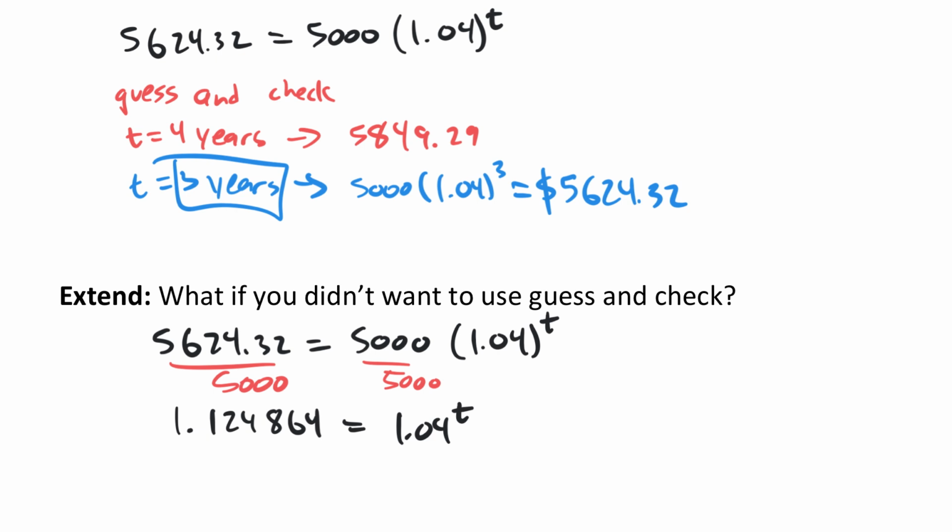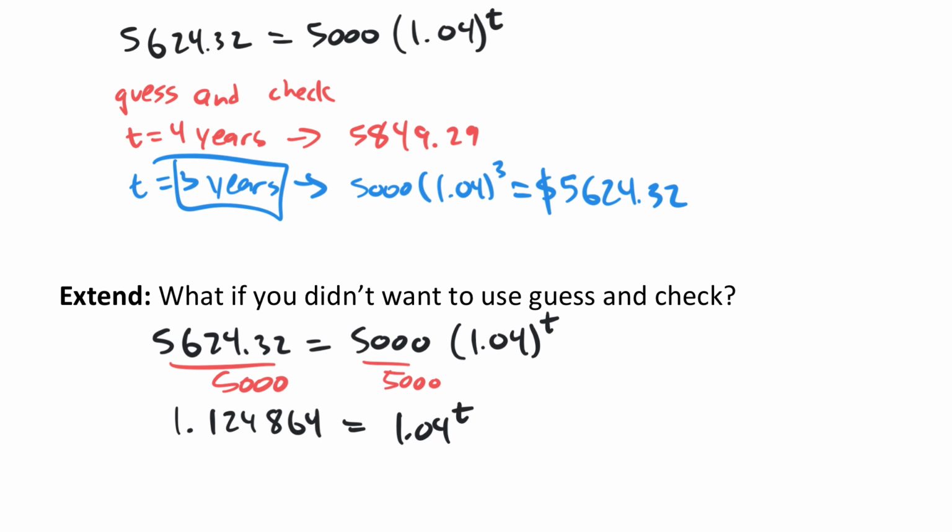But the problem now is getting that t by itself. Normally in algebra, we might divide something, subtract something, multiply something, but there's no way I know of getting that t out of the exponent. You could try to do a same base and then drop the base, but that doesn't seem like a great idea because of the common base of 1.04, these aren't even whole numbers.